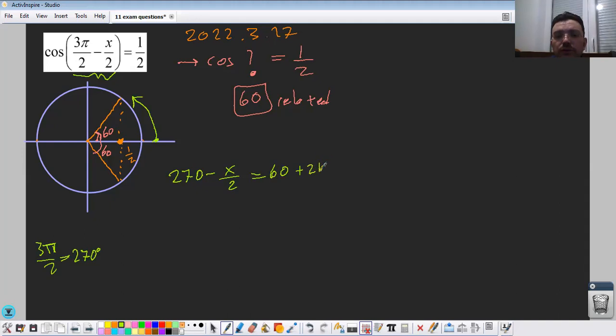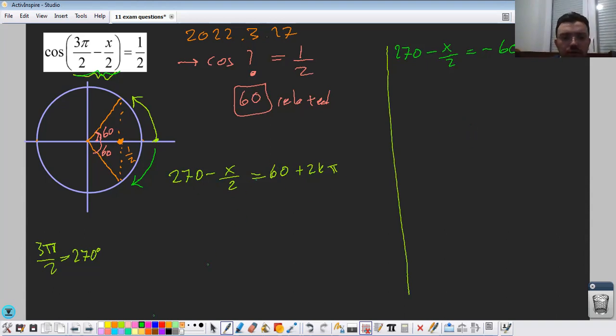You need to insert this 2kπ at this step. Then case 2: all of this inside part, 270 minus x/2 equals, you write this angle as it starts from 0 degree, and that makes minus 60 degrees plus 2kπ.